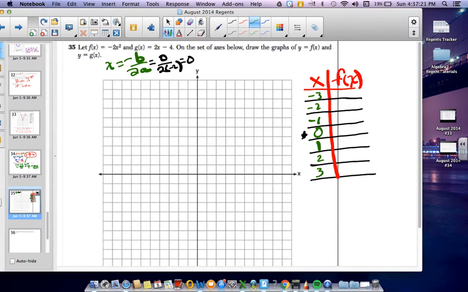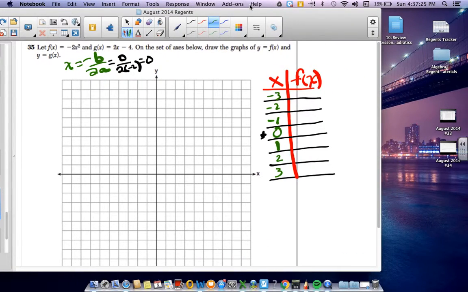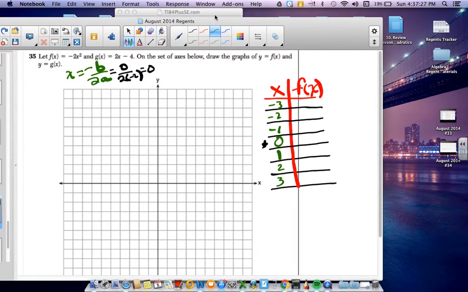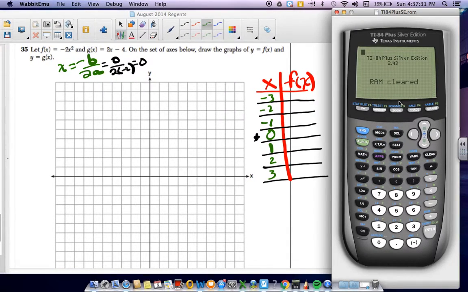Okay, and we're going to find the values by using a calculator here. We could have also just skipped a step and looked for the symmetry in our calculator, but it's good to know how to do it by hand. So negative 2x squared, we want 0 to be in the center, and we're going to copy those down.